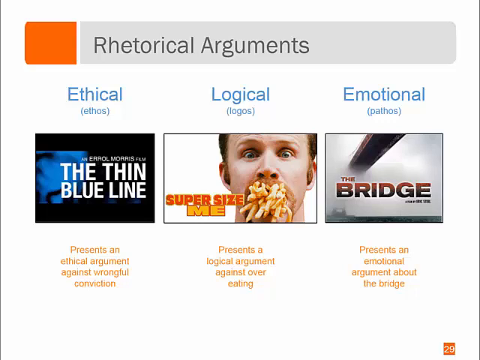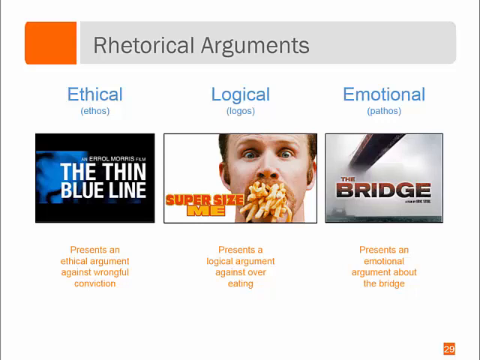And so to bring this into the visualization realm, particularly narrative visualization, as we construct our data narratives, we will be most effective if we engage one of these three types of rhetorical argument.